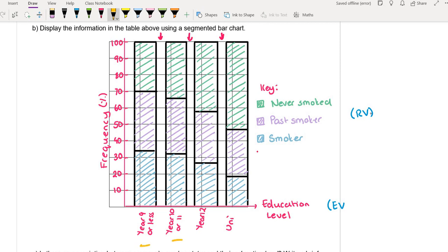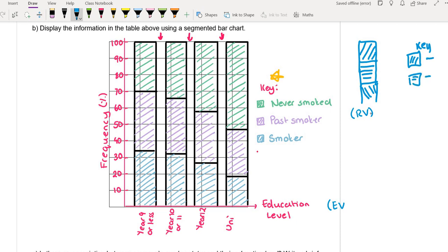And you're labeling all of your bars, and you'll have a key as well. If you have different colors, great, you can use different colors, or another way would be using different styles of shading. You can shade one part like this and the other part like that, or the other way. As long as you label it in your key to represent which one's what, it should be fine.